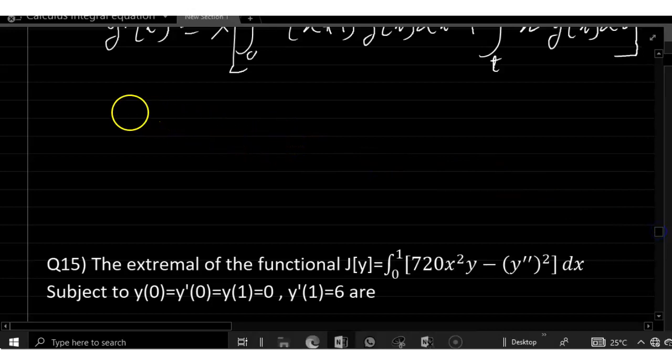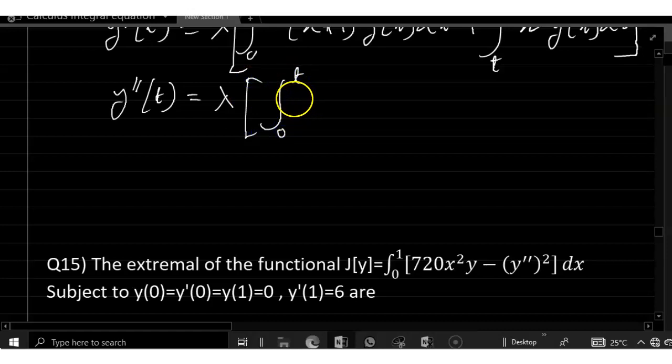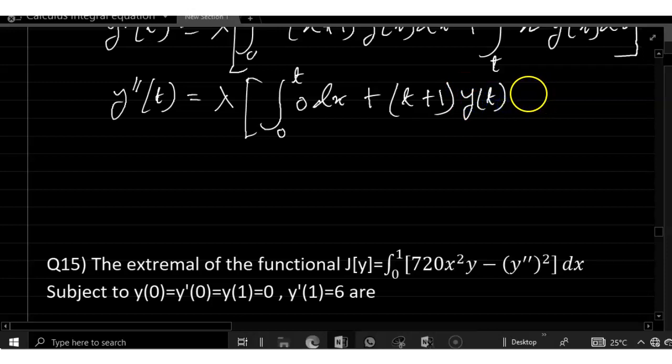That I can write this way: y double dash t equals lambda 0 to t 0 dx plus t plus 1 yt plus 0 minus t yt.